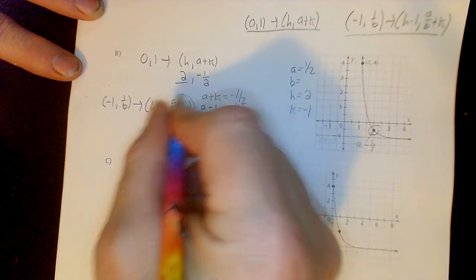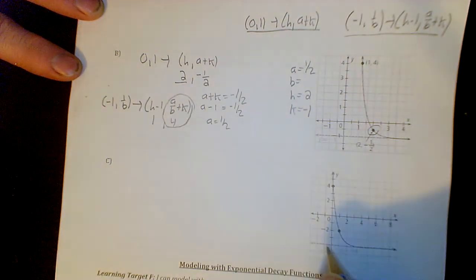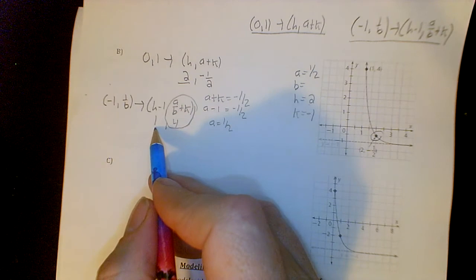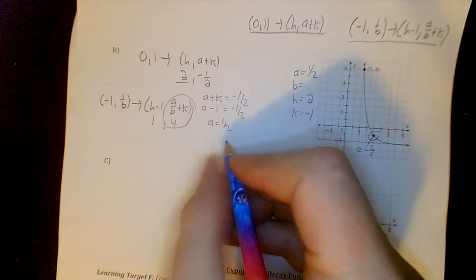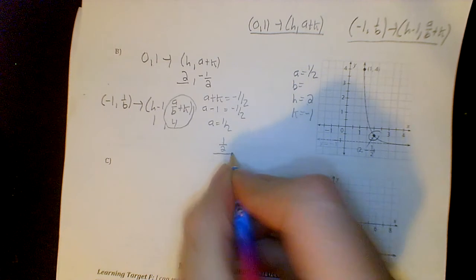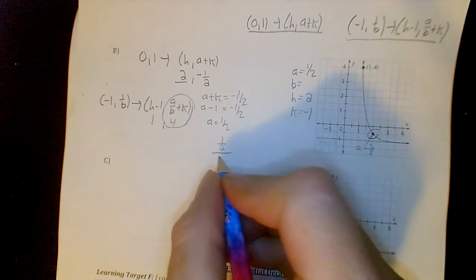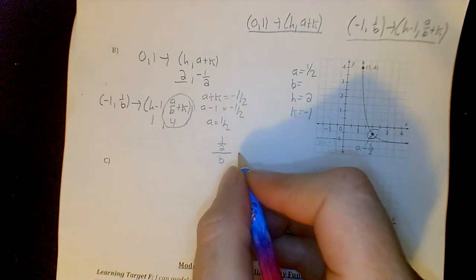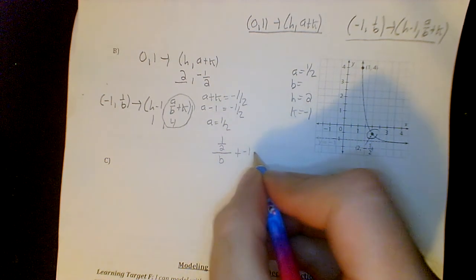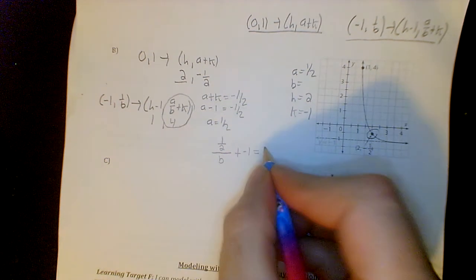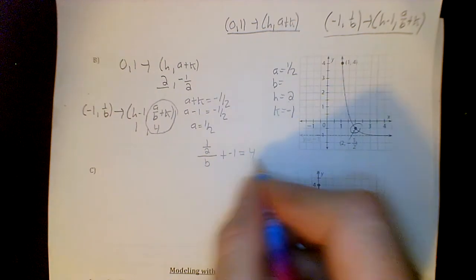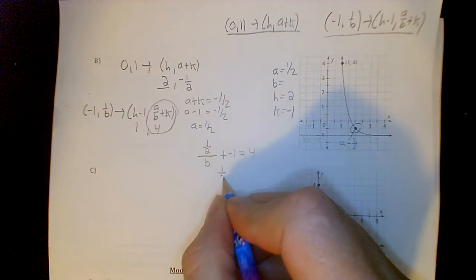I'm going to go right to this. We can see that that works, right? H minus 1 is 1, so we know we're at the right spot. And if I say A, which is 1/2, over b, which we don't know, plus K, which is negative 1, is equal to this number, which is 4. If we add 1 to both sides, we get 5.